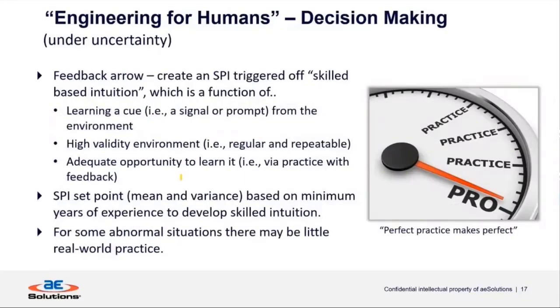The big thing here is what's called skill-based intuition. And this comes from the work of Gary Klein and Daniel Kahneman and Amos Tversky. To some extent, they have gotten together. They do belong to different schools of cognitive thought, but they have gotten together into some agreement.